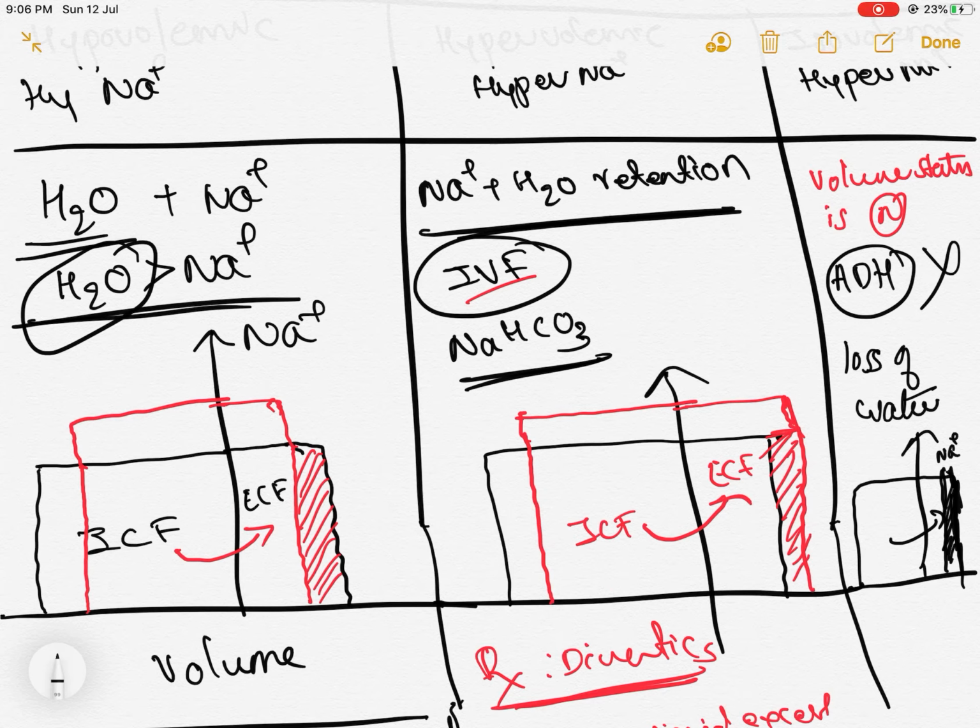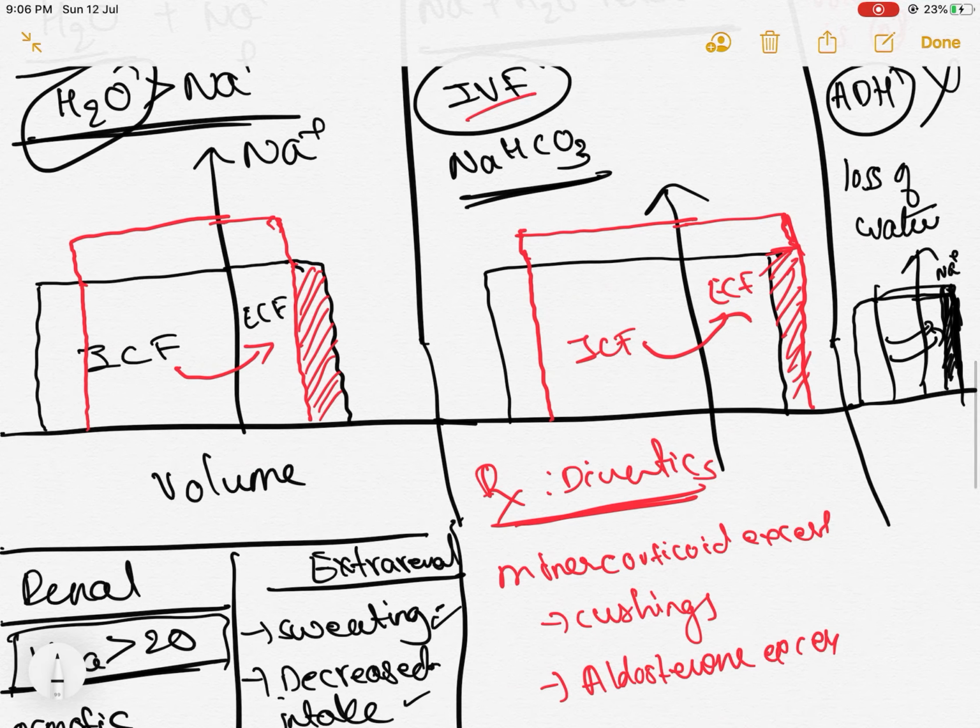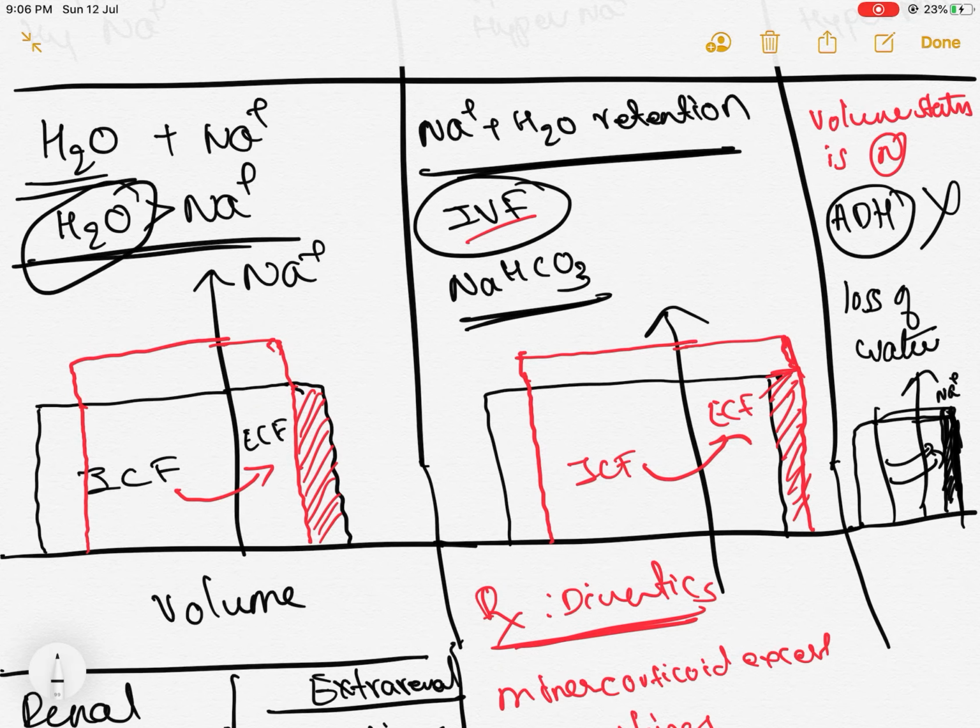Because the sodium increases, the intracellular fluid shifts to the extracellular compartment, normalizing the extracellular compartment back to normal, with reduction in the intracellular compartment again. So in such cases, the treatment is basically treatment of the absence of ADH, that is diabetes insipidus. If it is central diabetes insipidus, you give desmopressin. If it is nephrogenic diabetes insipidus, you give thiazide diuretics.